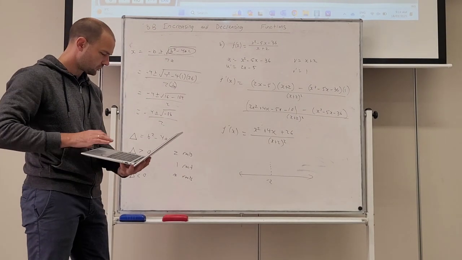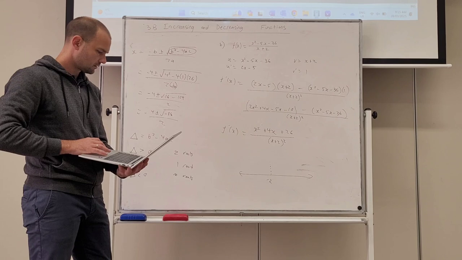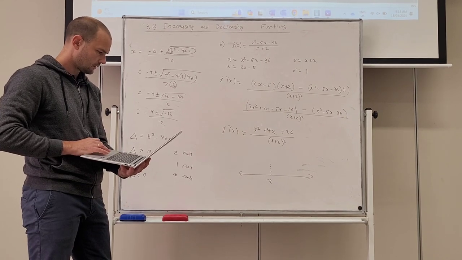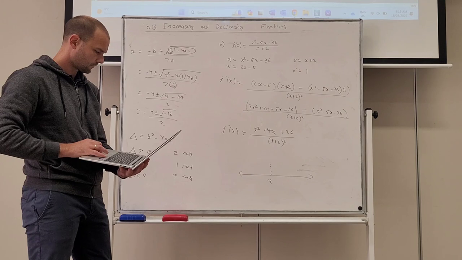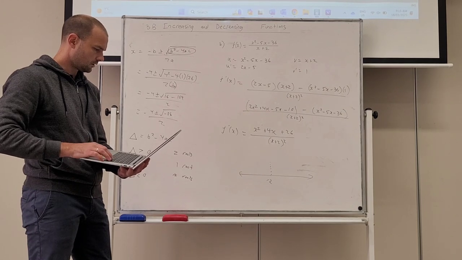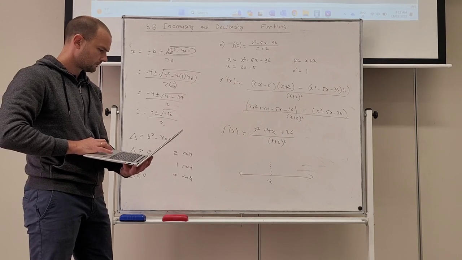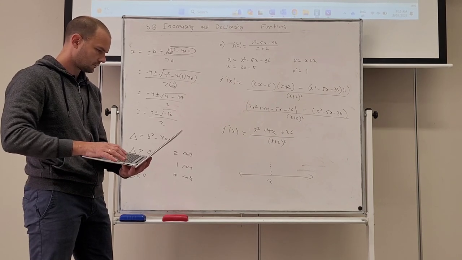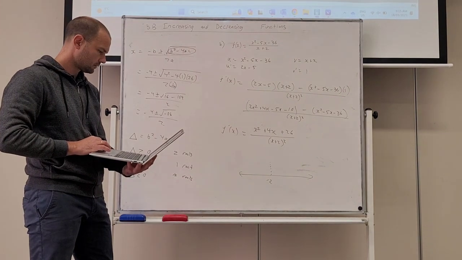So our first function is x squared take 5x take 36, on top of x plus 2.